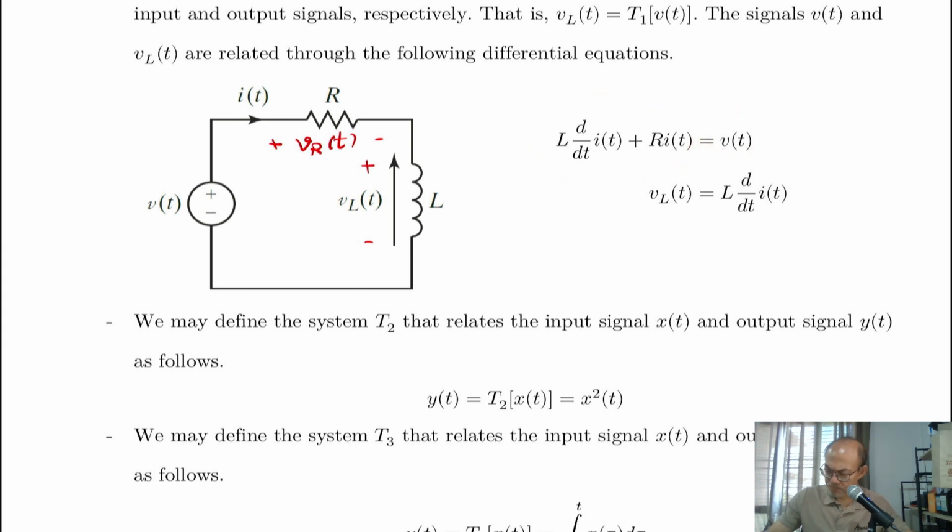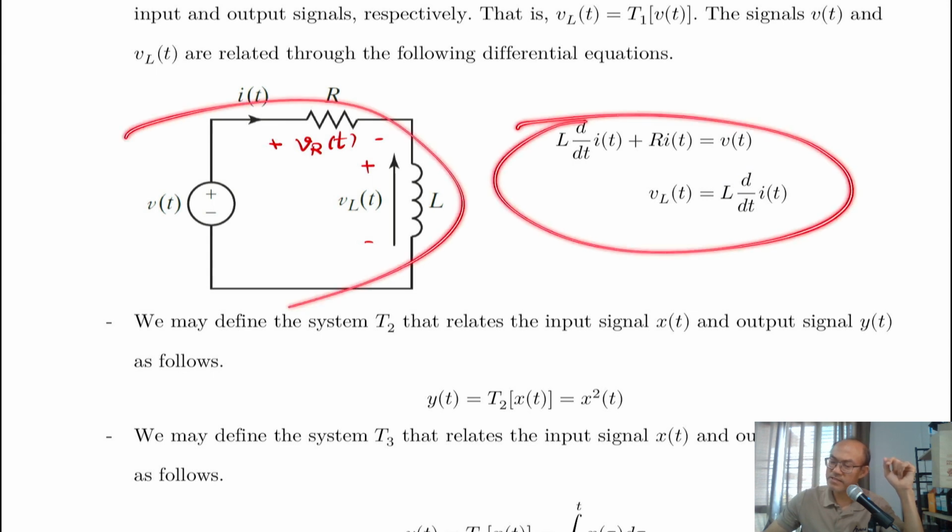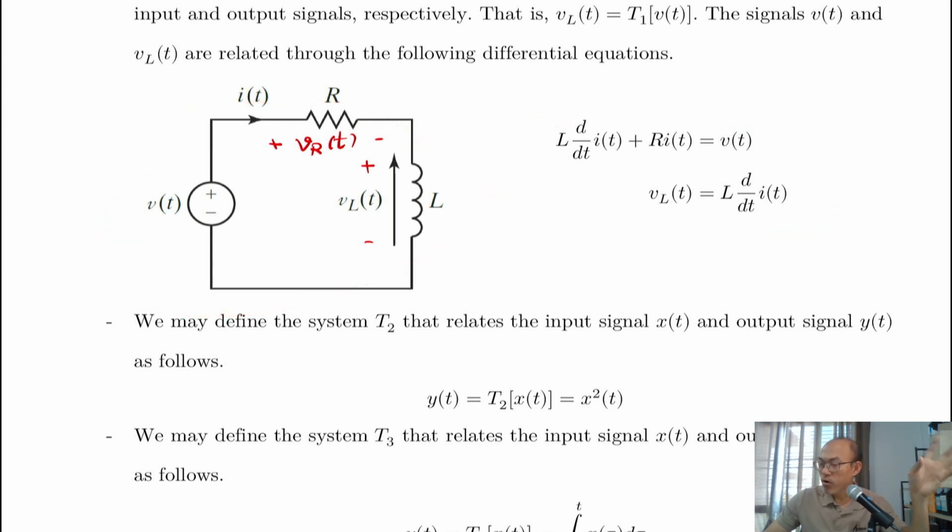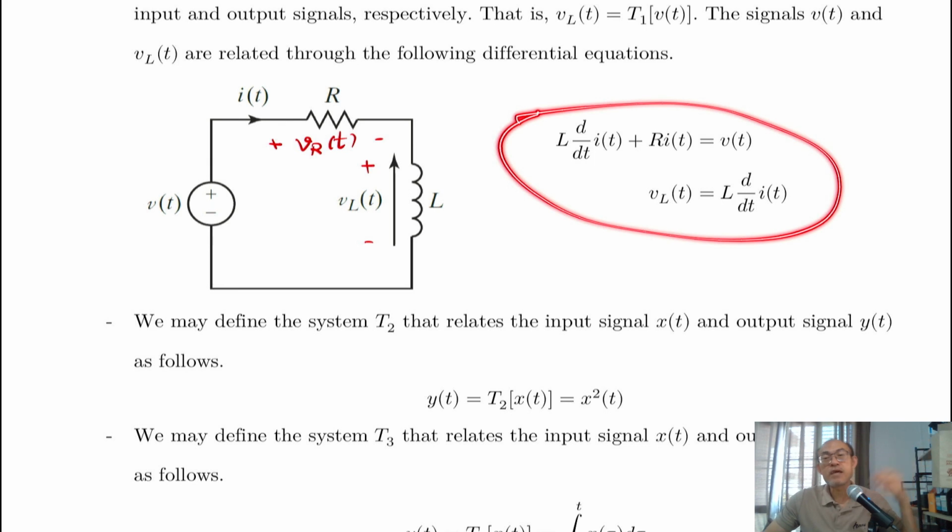Now, we need to write down i here as the output VL, because we want to have a relationship between the input and output, right? So we can plug in this as VL, and i as the integral. So these two equations will define this system. And if we know this function, we can solve the differential equations to find VL.